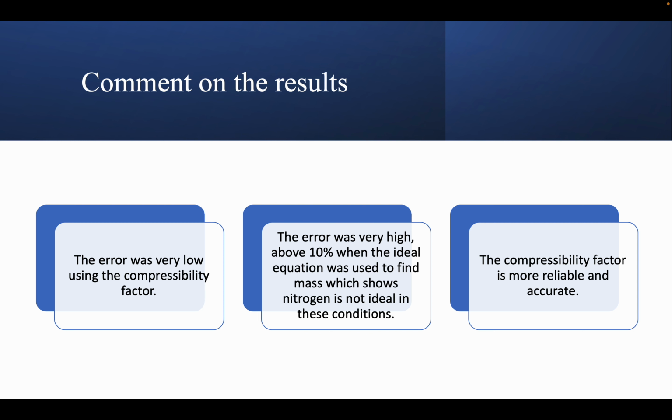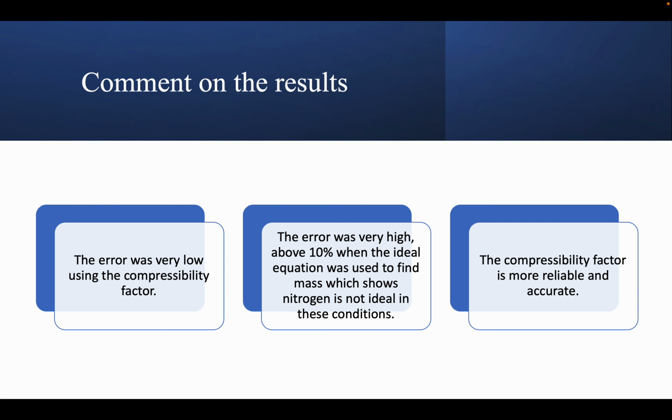So the comment on the result is simple. We can clearly see that the error was very low using the compressibility factor, which is 0.59%, even lower than 1%. But the error using the ideal gas equation was really high.